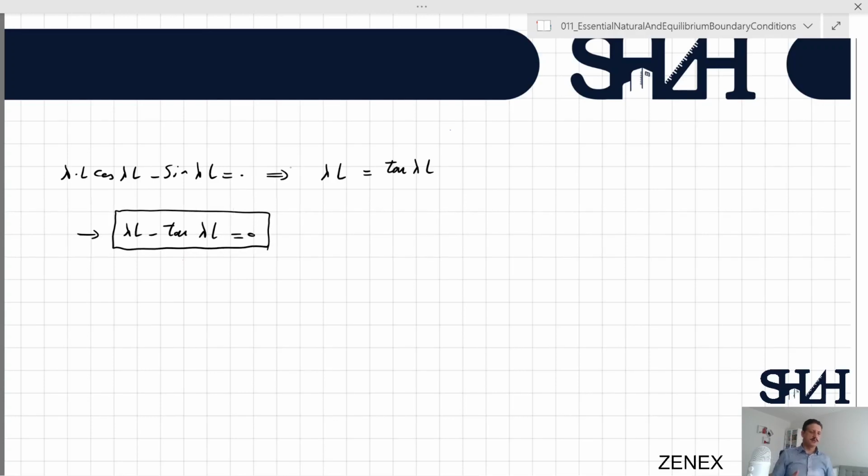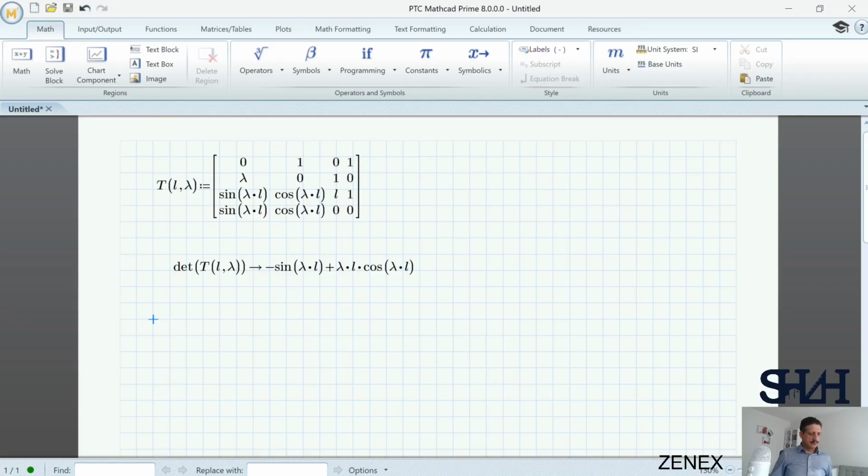Now the buckling modes can be calculated based on the minimum lambda that satisfies this equation. We can continue with this in MATLAB.